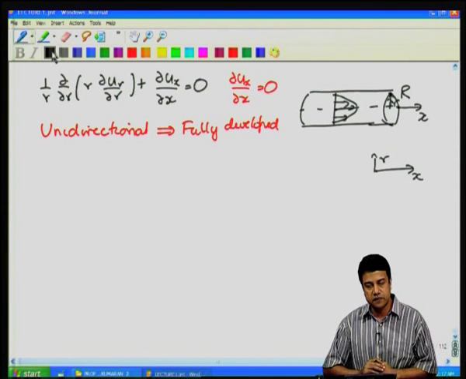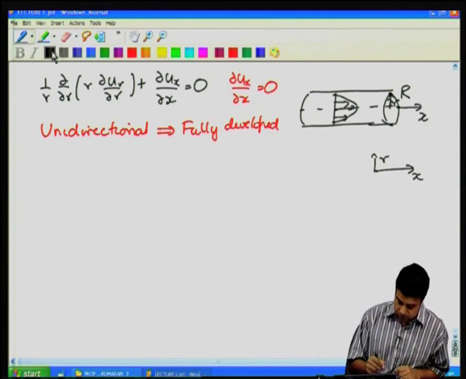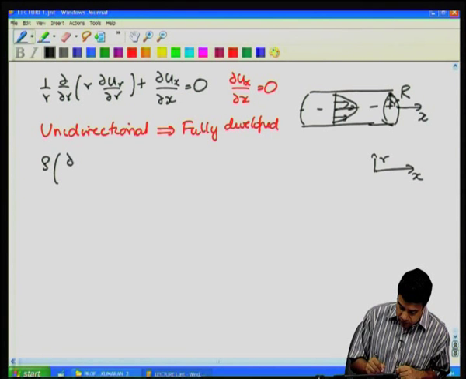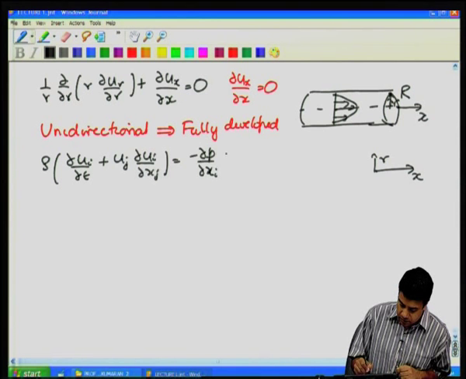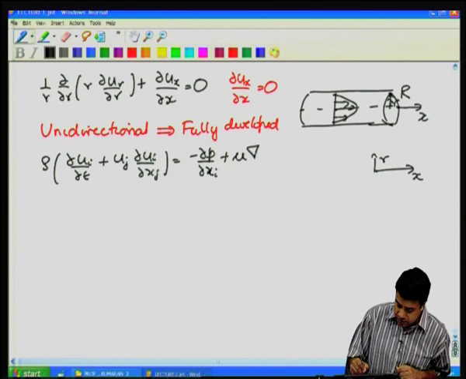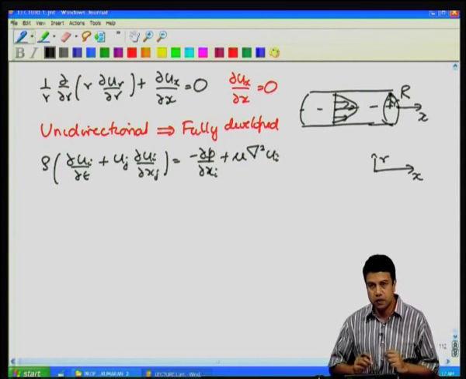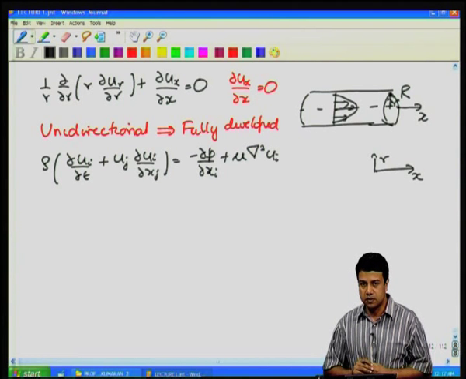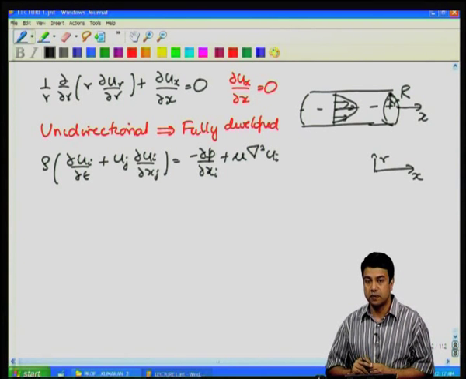Next, the momentum conservation equation in the x direction. Once again, rho times partial u i by partial t plus u j partial u i by partial x j is equal to minus partial p by partial x i plus mu del square u i. Del square is a Laplacian operator, which will be different now in a cylindrical coordinate system.